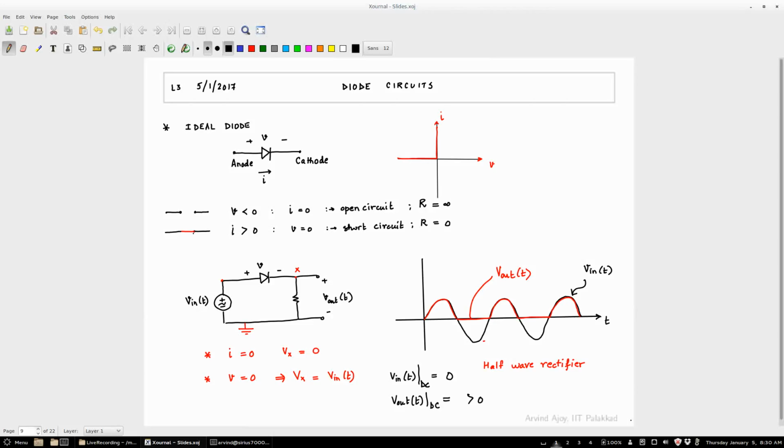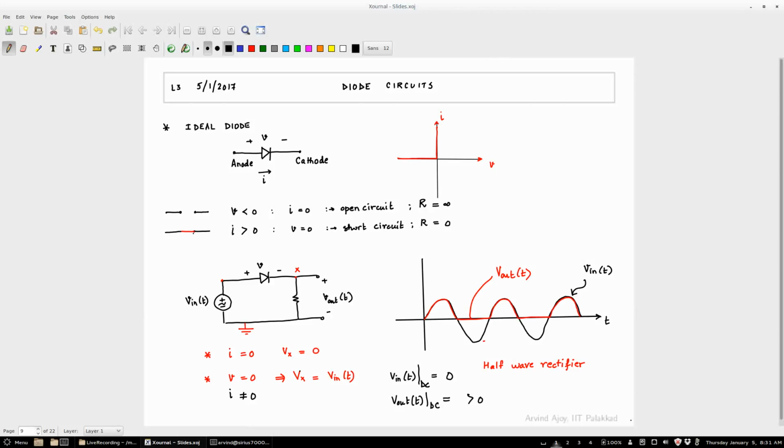Which one? V here is the voltage across the diode. If we just analyze the situation where I is 0, and then you found out the value under which I is 0, you have done that. Now I am considering the situation when V is 0. V is the voltage across the diode. So the voltage across the diode is 0, right?